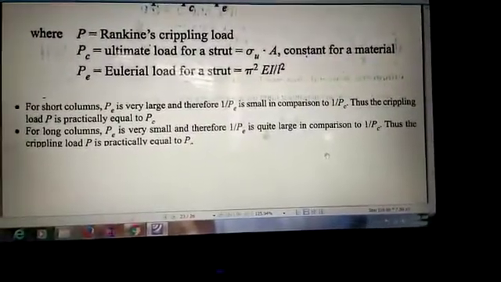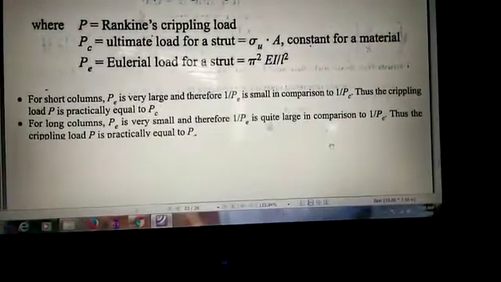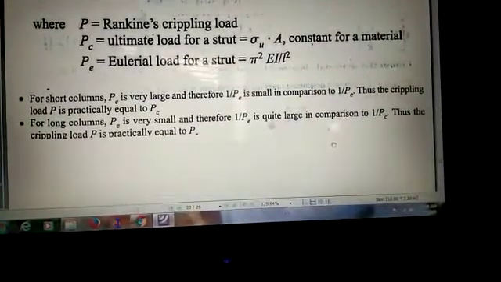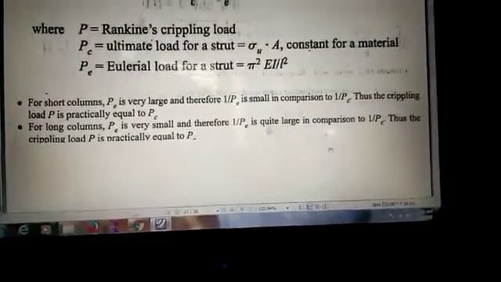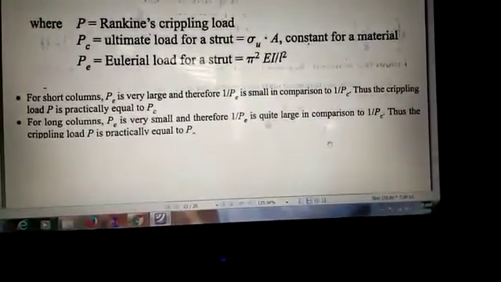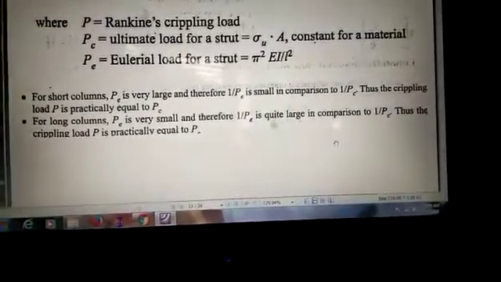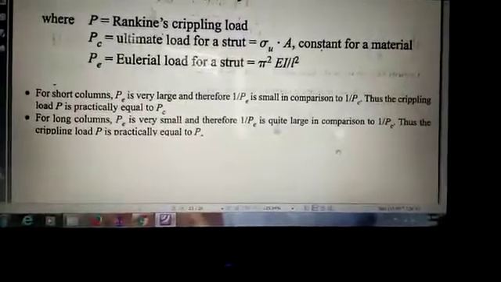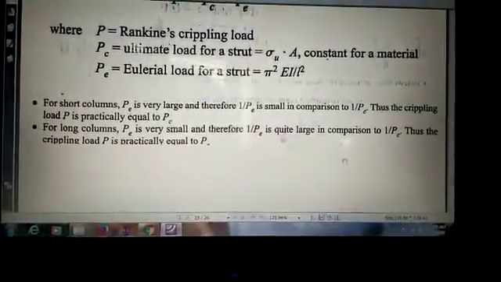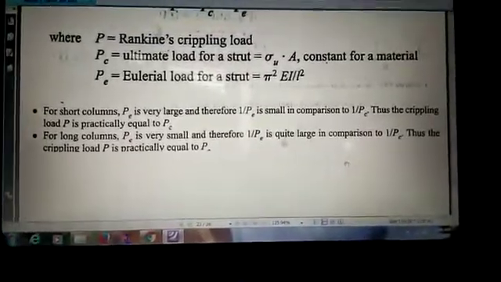For a long column, PE is very small. Therefore, 1 by PE is quite large in comparison to 1 by PC. Thus, the crippling load P is practically equal to PE. So, these are the values of load which vary from one condition of column, or from one length of column, to another.